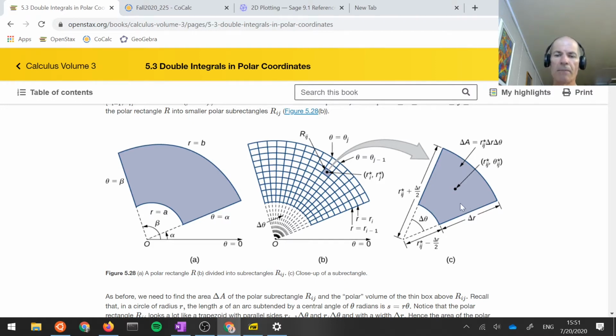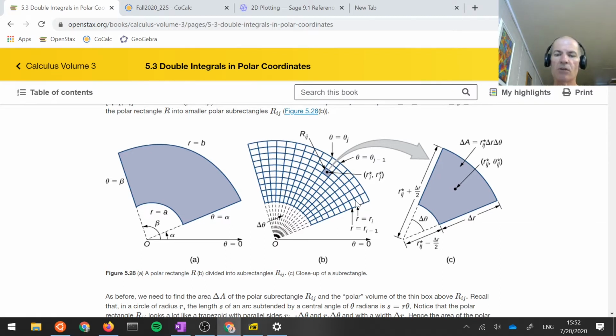What's curious, and you can see it in this picture, is that we've chopped up the radial direction in segments of equal length, delta r, and the theta direction in equal increments of delta theta. Even so, we get different sized wedges.